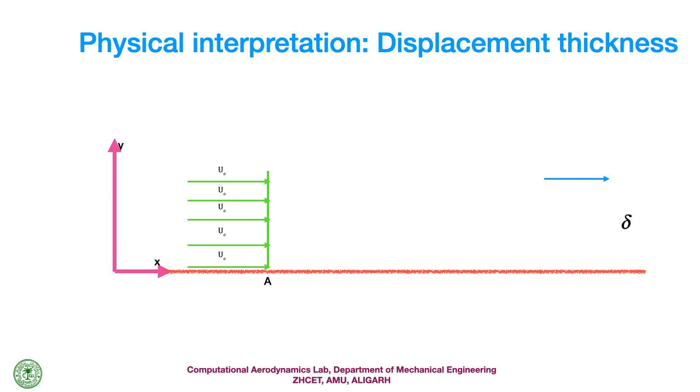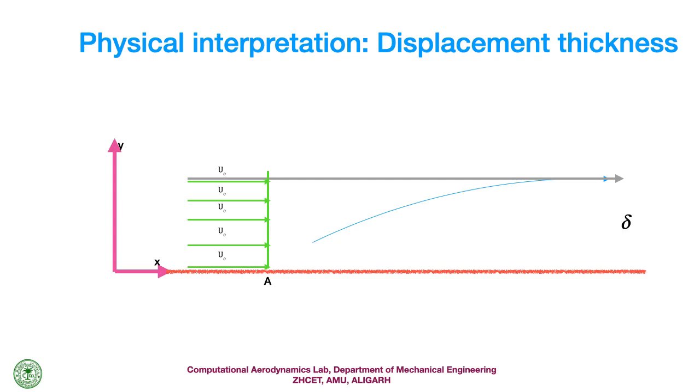Now if I consider a streamline, the streamline for all the undisturbed region, that is if the boundary layer is not present, will be a straight line.